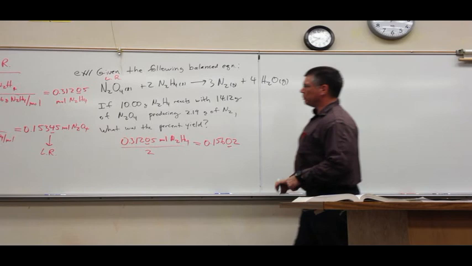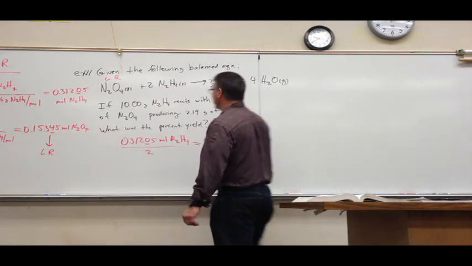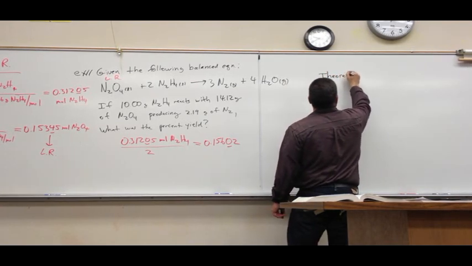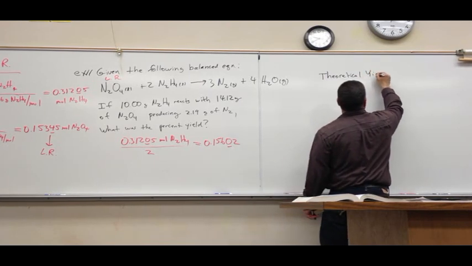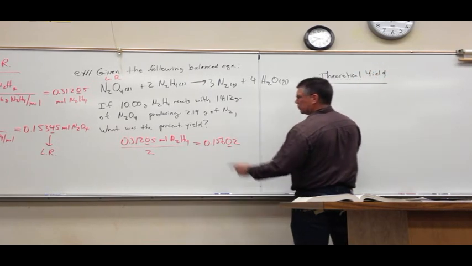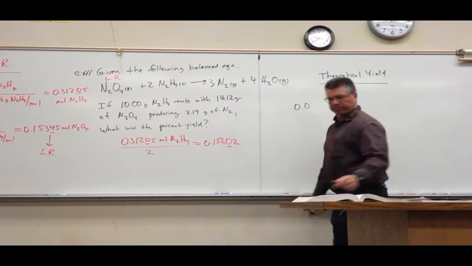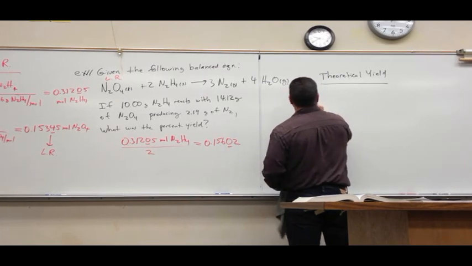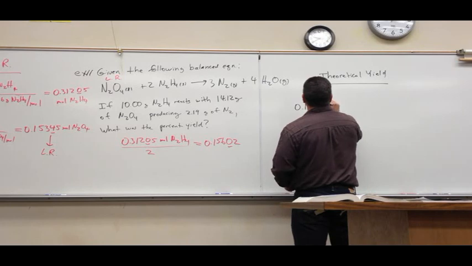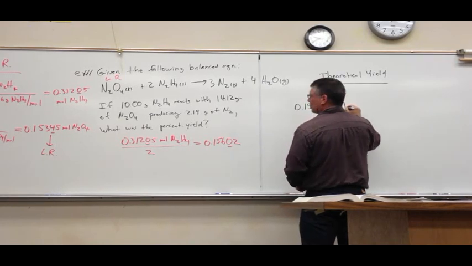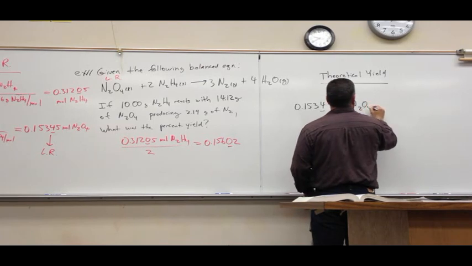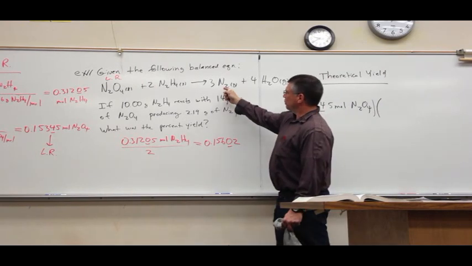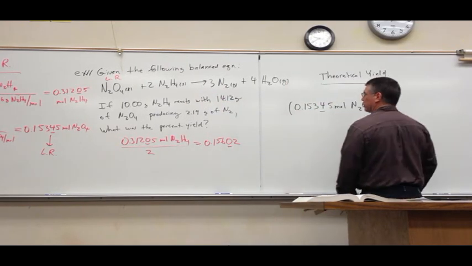So remember to use the moles of your limiting reactant as a starting point. There's 3 moles of nitrogen produced for every 1 mole of nitrogen tetroxide.